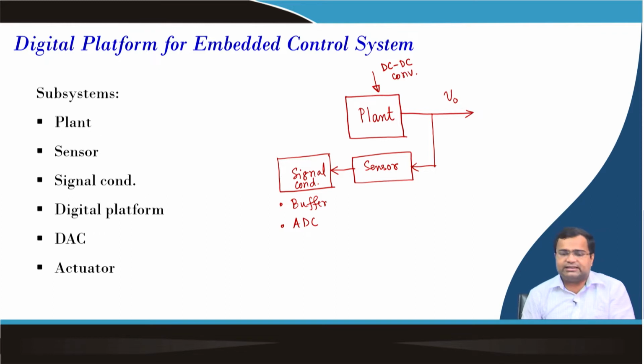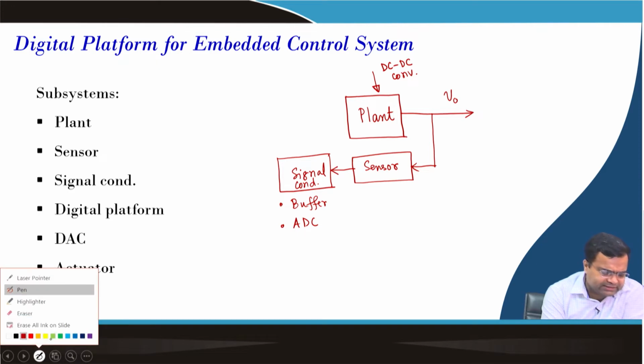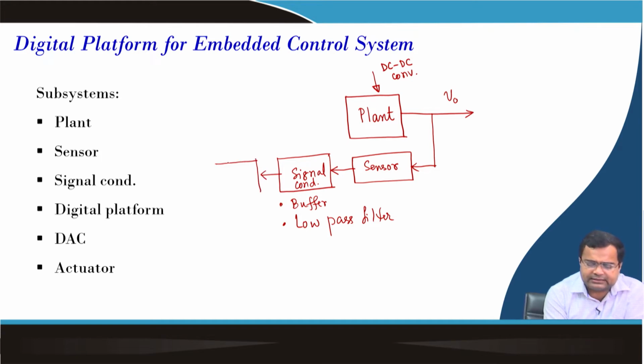That means, we have an ADC circuit, which is a part of the signal conditioning board. So, let us say this is just a buffer with low pass filter, because we need to reject some noise. Let us say we are separately considering ADC, that means, this will be ADC.